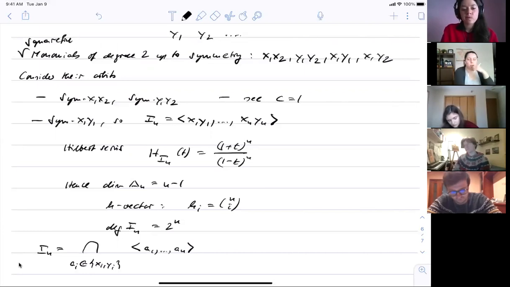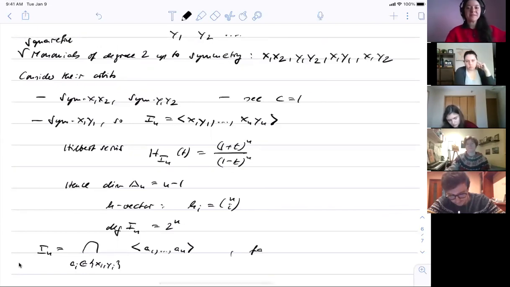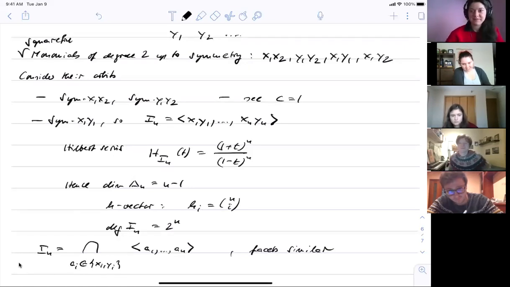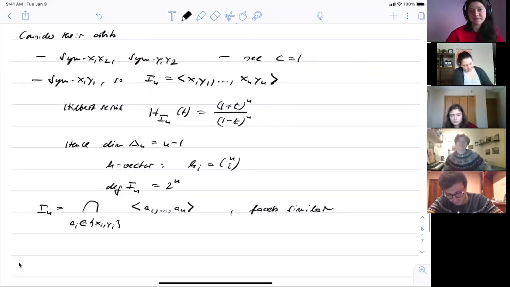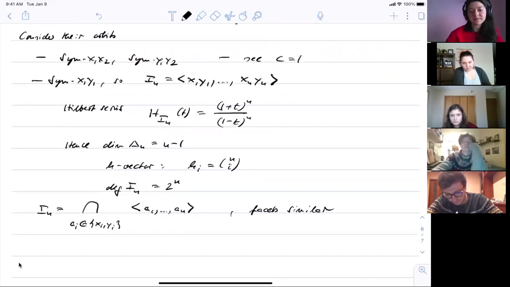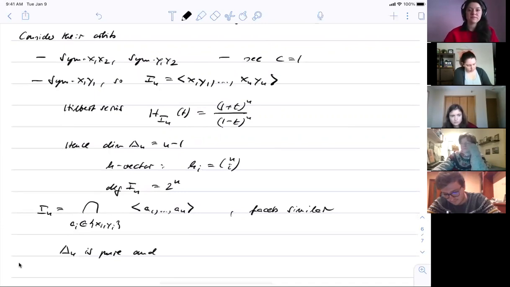And so for each i, we have two choices, which gives me 2 to the n facets. And in fact, the facets are the complements, and they have a similar description. They all have the same dimension. So this is pure. And one can also show again that it is Combinatorial.